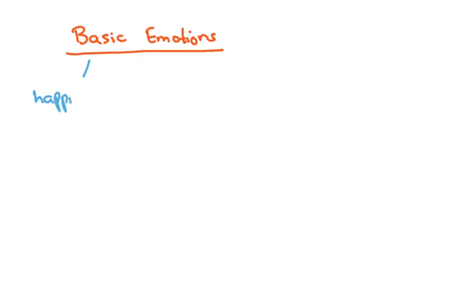So when we talk about basic emotions, what do we mean? Basic emotions are emotions that are not just present in human beings, but have been shown to be present in primates as well. And they're usually very easily discernible through facial expressions. So, what are these 7 basic emotions? One of them is happiness. Another one is fear.